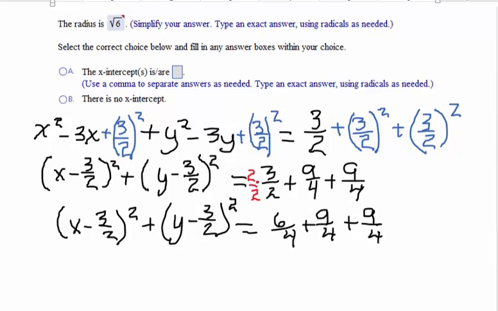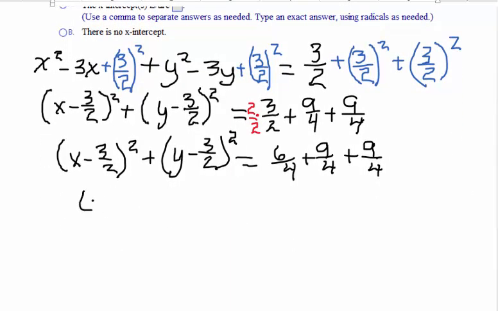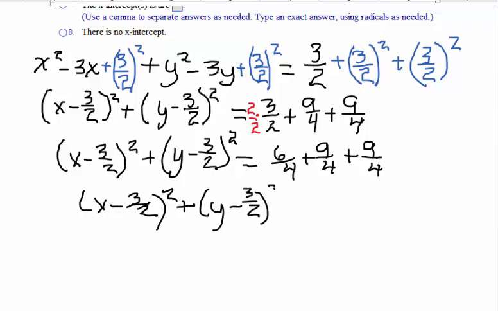Now that I have the common denominator on the right side, I can add. 6 plus 9 is 15, plus another 9 is 24. So I get 24 divided by 4, which is 6.